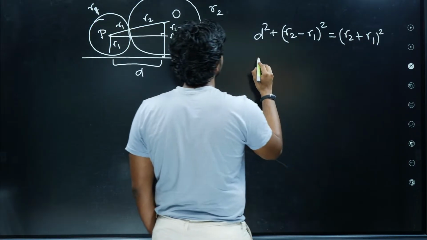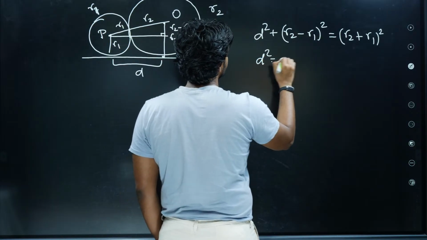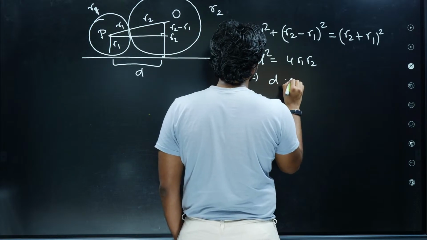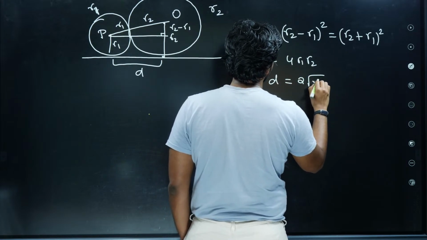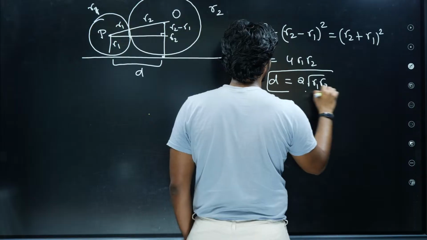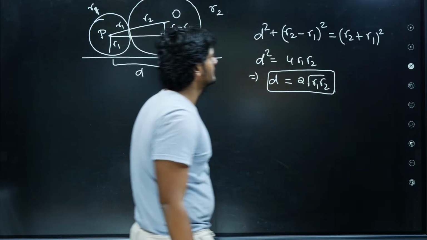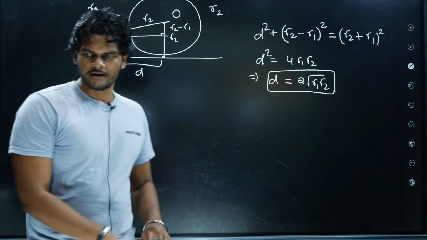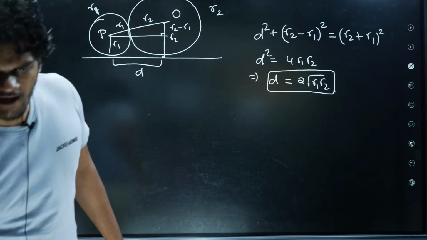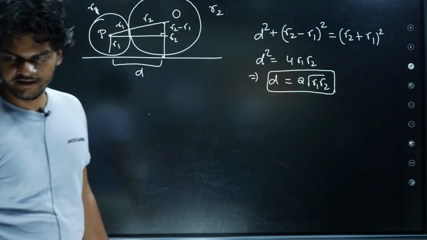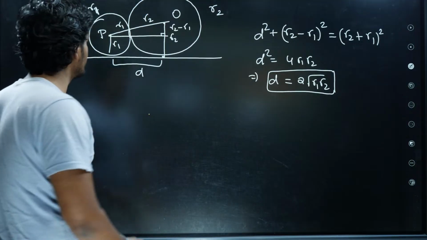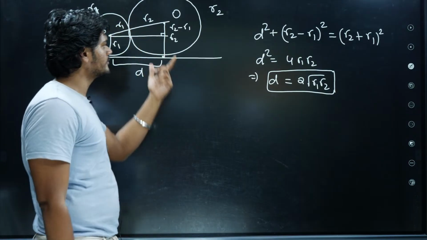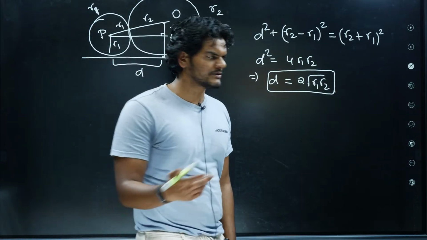That gives you D square is equal to 4 R1 R2, and that tells you D is equal to 2 root R1 R2. So this is how it is solved. If R1 was equal to R2, then the distance would be equal to R1 plus R2, which would be 2R.